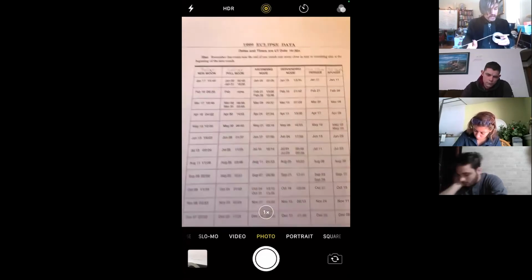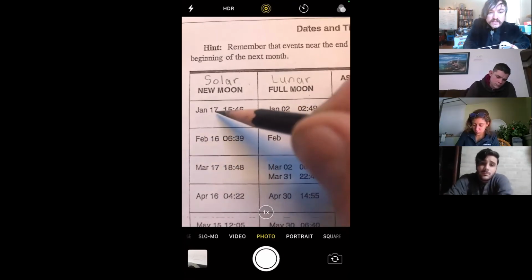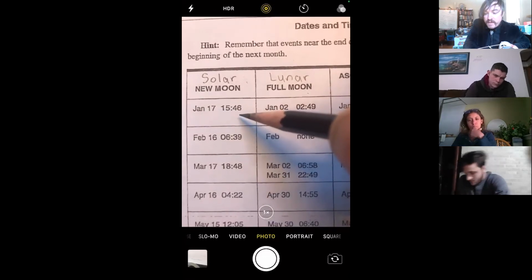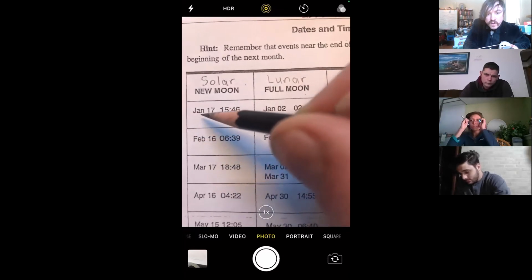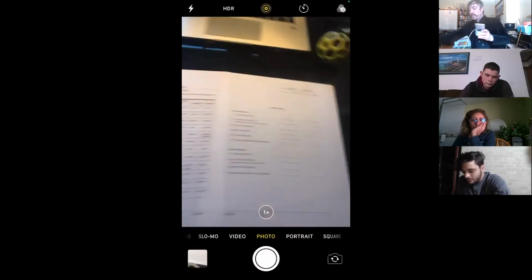Now here we're going to have to talk about the conditions. First of all, let me just orient you to something. There is not only a date of new moon, there is a time of new moon. And this might be confusing to you guys. You might be wondering, wait a minute, I know that the new moon is on a certain date, but what's the exact time of new moon?